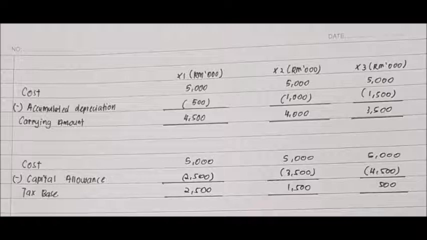Lastly, for X3, tax depreciation is also 20%, so 5 million ringgit minus 90% tax depreciation, which is 4.5 million ringgit, equal to 500,000 ringgit.